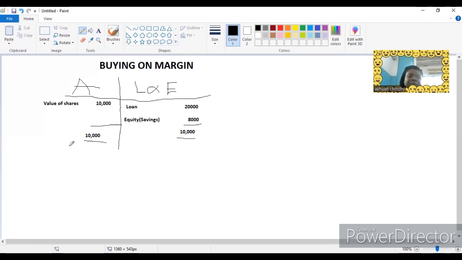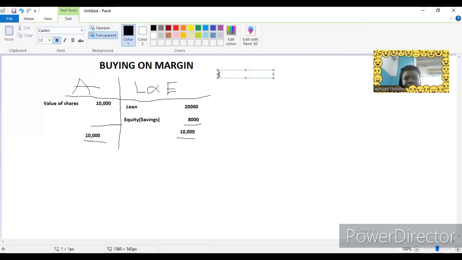Okay, that's basically for initial percentage margin. Let me write it here. IPM, initial percentage margin, just your equity divided by the value of your shares. So our equity is 8,000 divided by the value of our shares, which is 10,000.